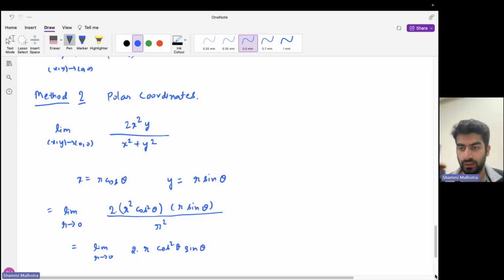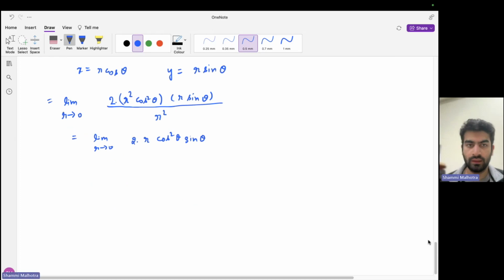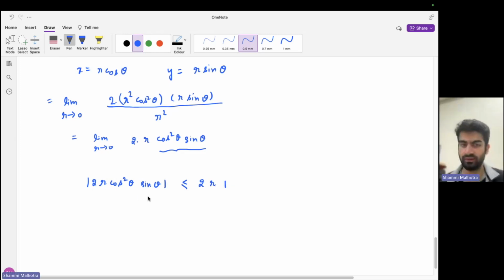Now note one thing, that cos square theta and sine theta are bounded. So this whole thing, twice of r cos square theta sine theta, is bounded above by twice of r times 1, because cos square theta is bounded by 1 and sine theta is bounded by 1. So this will be just 2r.